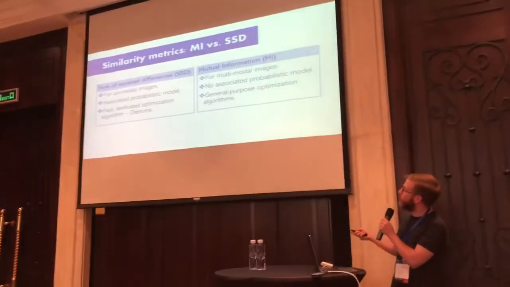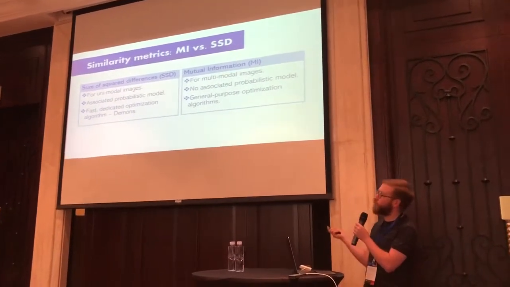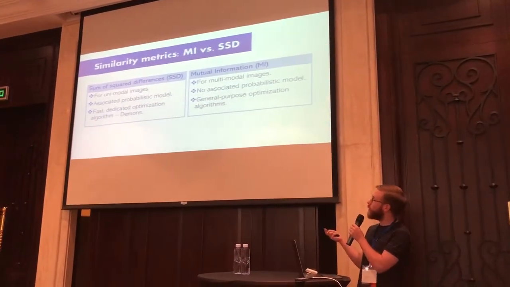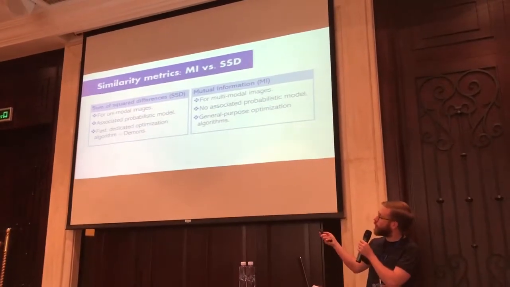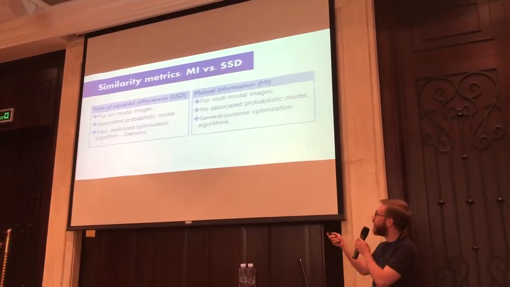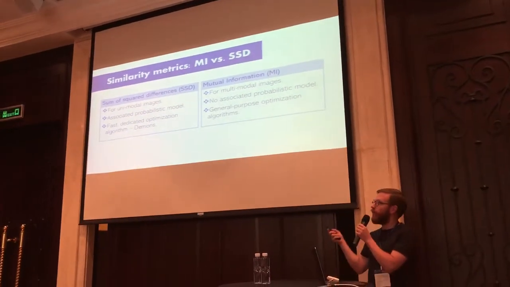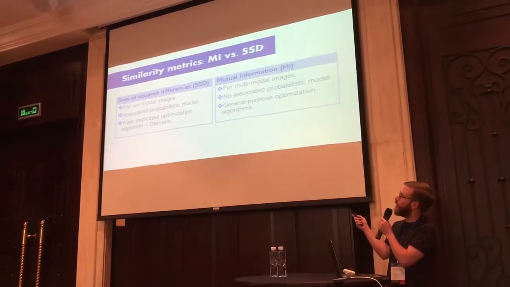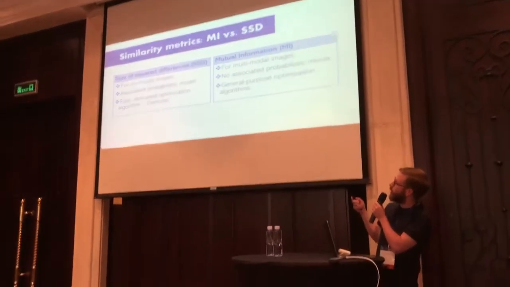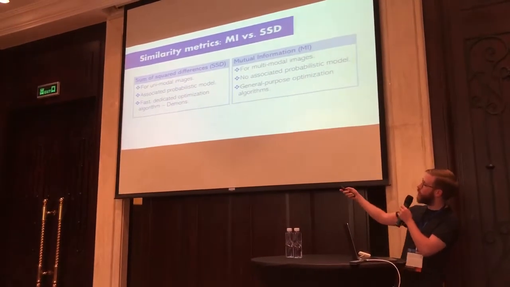So let's start by talking about the difference between mutual information and sum-of-square difference as similarity metrics. Sum-of-square difference is for uni-modal images, and it has an associated probabilistic model, which means that you can explore the probability distribution, get uncertainty, and so on.